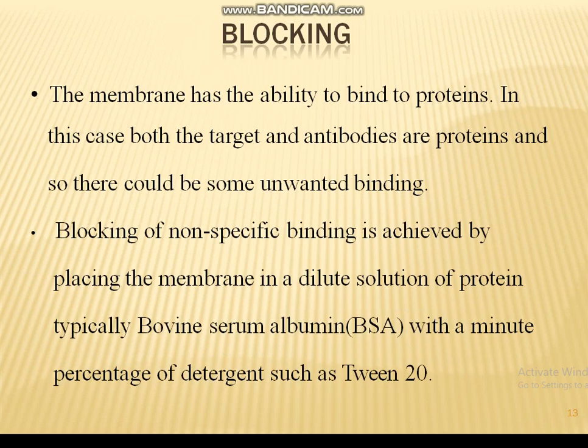Next step is blocking. The membrane has the ability to bind to proteins. In this case, both the target and antibodies are proteins, and so there could be some unwanted bindings. Blocking of non-specific binding is achieved by placing the membrane in a dilute solution of protein, typically BSA, that is bovine serum albumin, with a minute percentage of detergent such as Tween 20.